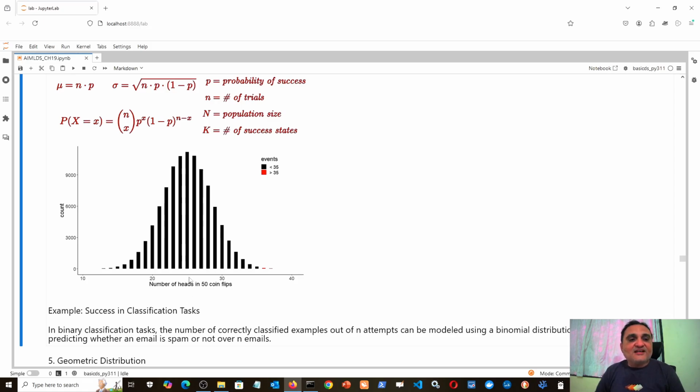And this graph says that now I can say that the mean of this graph is here at 25. So that is the meaning of word that the probability is 50%. That among 50 coin flips, on an average, 25 times are heads and 25 times are tails. So the probability is 50-50%.